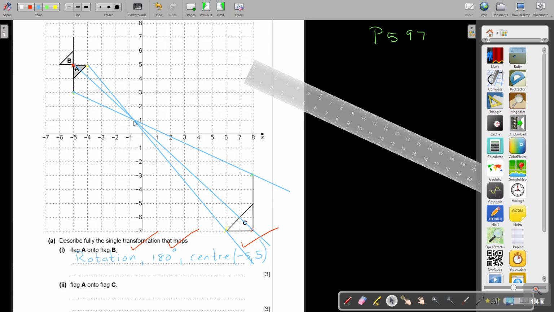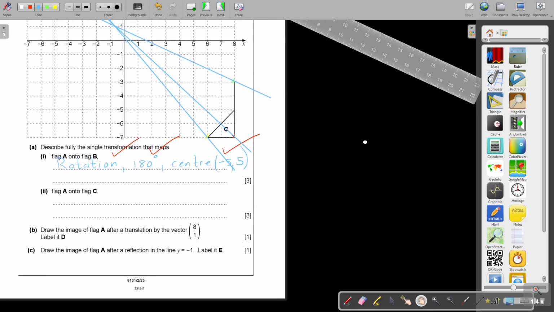Now, if you look at the flags, you will see that it's turned upside down, then it's indicating a negative enlargement. And if you look at the scale factor, say for example, this is 4, divide 2, then it's 2. So this is an enlargement, and the scale factor is -2 because it turned upside down and it's 2 times as big.